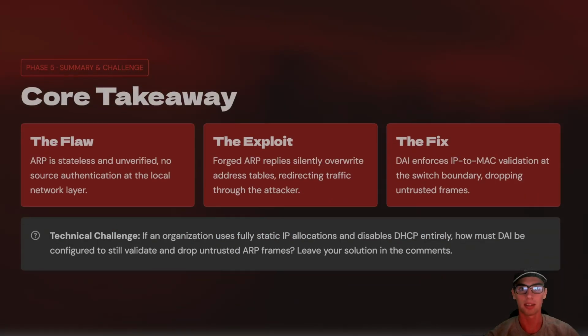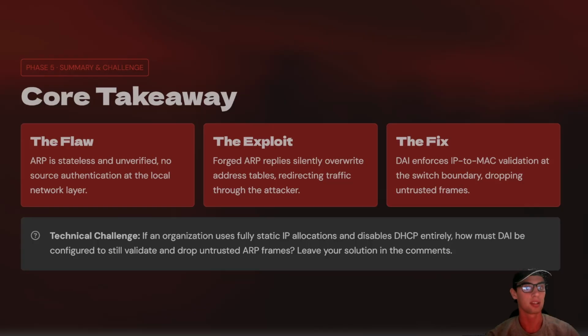So to summarize the lesson today, ARP spoofing exploits the inherent lack of source verification in stateless networking layers, and it tries to manipulate logical address tables. And this is a vulnerability that is entirely mitigated by validating physical frames against trusted binding databases at the switch architecture boundary.